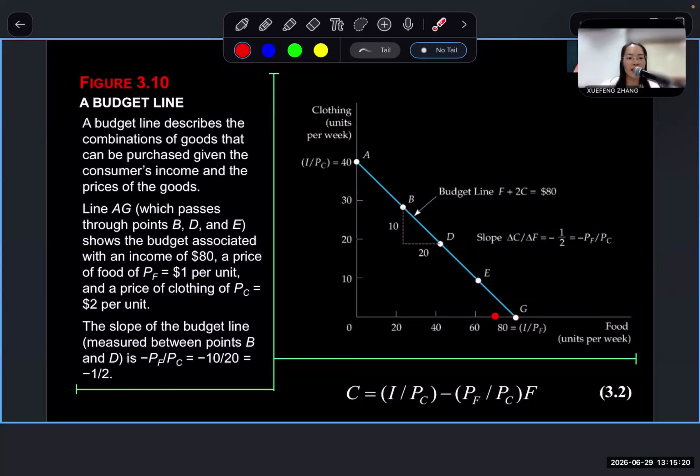It is the budget line for two goods, food and clothing. And the slope of the budget line measured between point B and D is negative the price of food over the price of clothing, which is the price ratio.